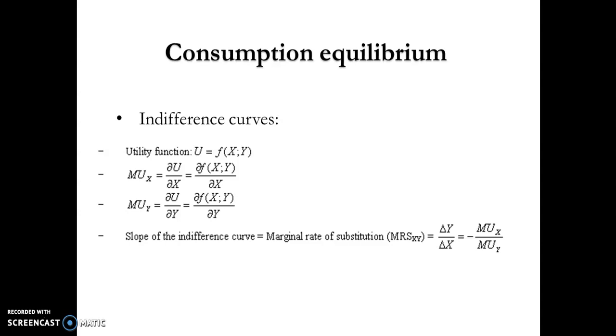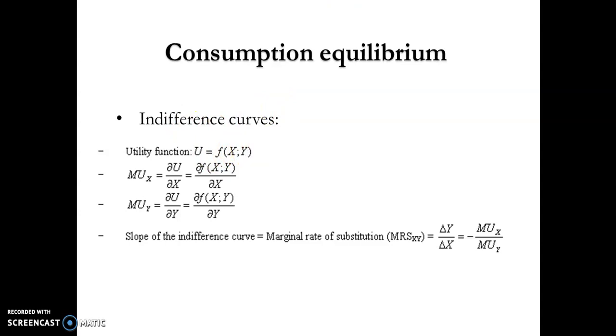So let's consider our utility function here. You're given your utility function and you get a particular level of utility from consuming 2 goods, X and Y. Now, our goal is to maximize our utility or satisfaction.